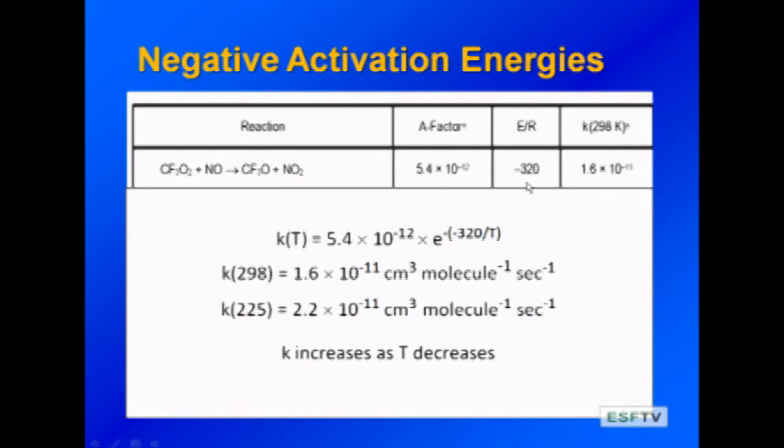This is not the usual situation in kinetics. It's rather common in reactions between 2 radicals, especially, well, very importantly, when NO is one of those radicals. So you have to pay attention and look for this minus sign, because if you don't include that in this expression, you will be off by a factor of about 6 in the rate constant.